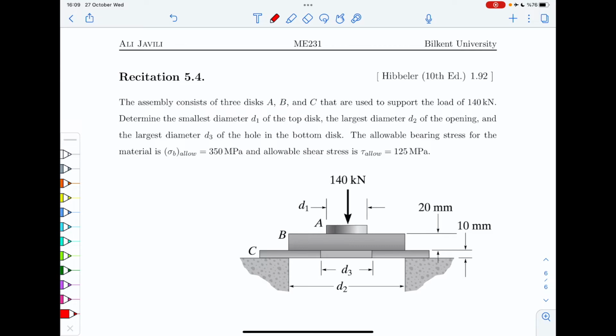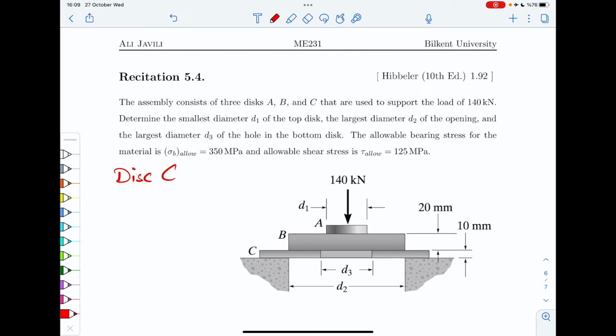All right, so we start from the bottom of this picture, let's say disc C. So we need to make sure that it is resisting against, let's say, shear failure as well as bearing failure.